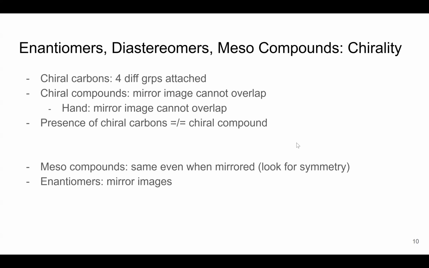Enantiomers are mirror images of each other, and diastereomers are non-mirror images of each other, but they are still stereoisomers. Diastereomers usually arise when you have two chiral centers. That's the most common case a diastereomer can arise out of.